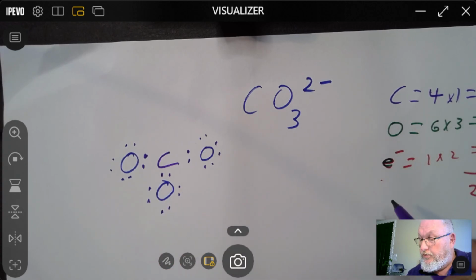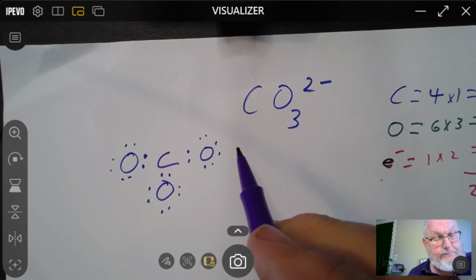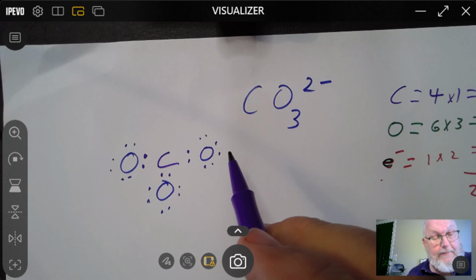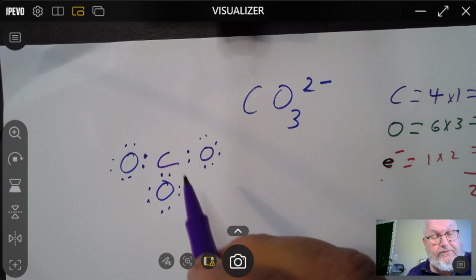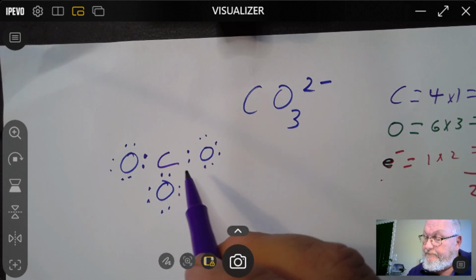Well, that's cool, but I don't have electrons around the carbon. I need to have 8 electrons. Got to do something for that.